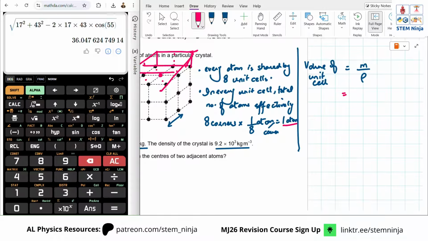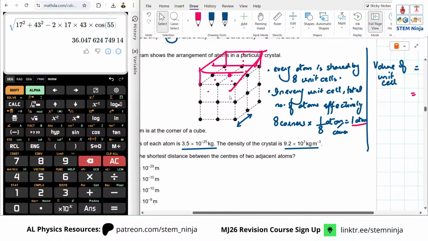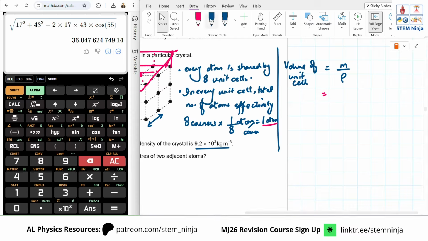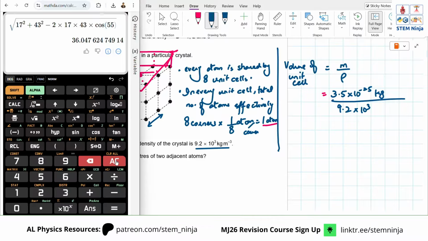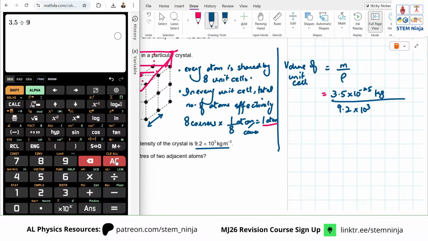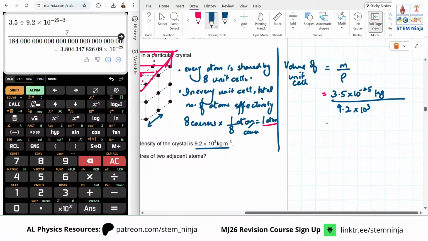So the mass of an atom they have given as 3.5 times 10 raised to the power minus 25 kg, and the density they have given us is 9.2 times 10 raised to the power 3. So 3.5 divided by 9.2 times 10 raised to the power minus 25 minus 3. This is the volume of a unit cell.